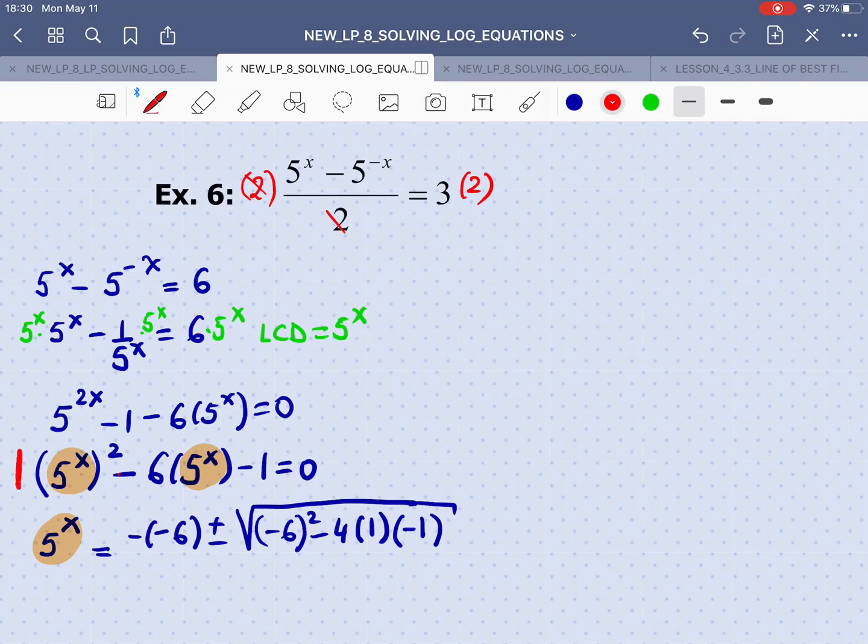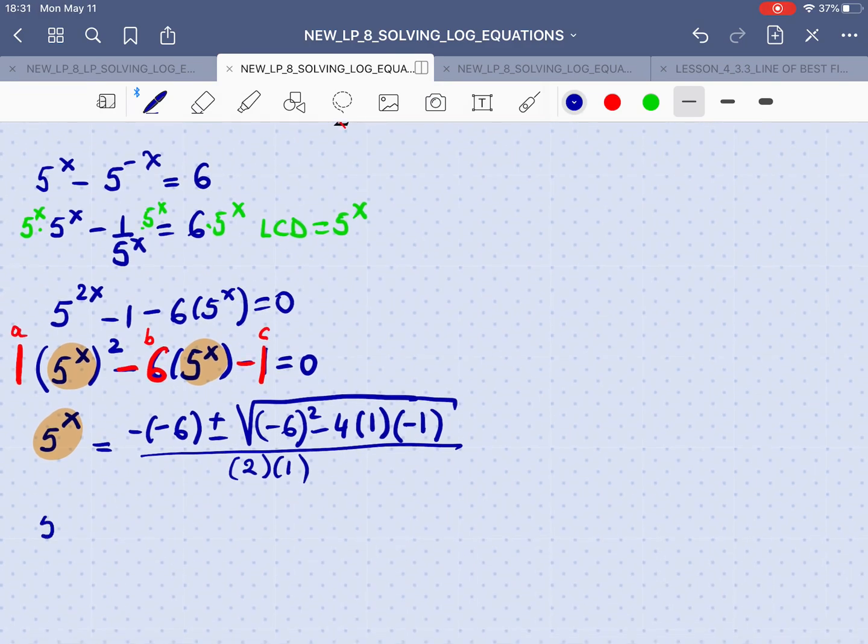Right? I'm just going to highlight the coefficients for now. So the coefficients are 1, negative 6, and negative 1. So these will be our values of a, b, and c for the quadratic formula. And that will be all over 2 times 1.